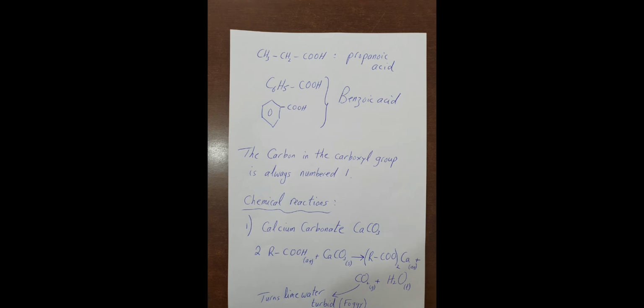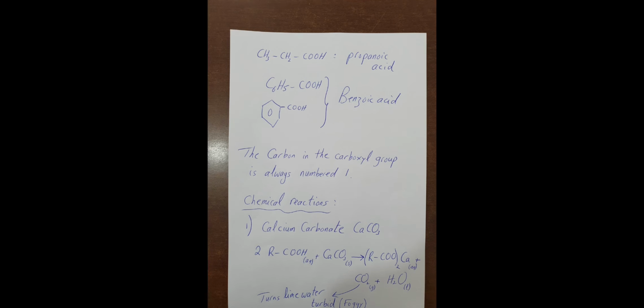The next slide, I'm just presenting some examples on the naming of the carboxylic acids. The one on top is CH3CH2COOH. Since we have 3 carbons, it's propanoic acid. And more examples, C6H5COOH, or the ring with the alternating double bonds inside the ring, COOH.